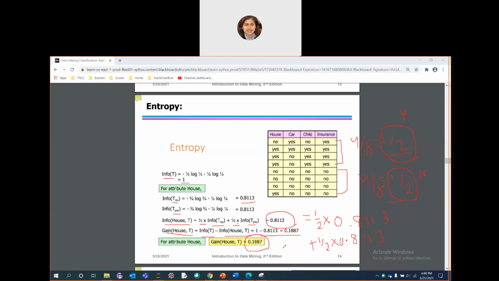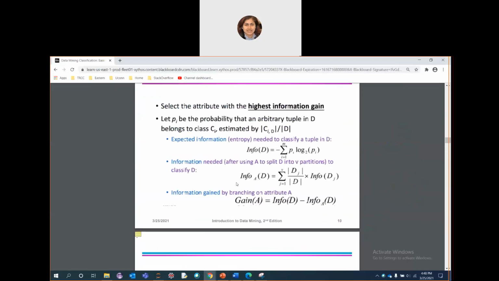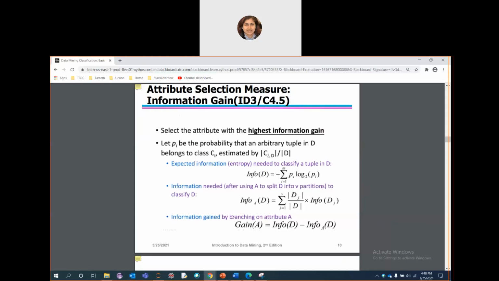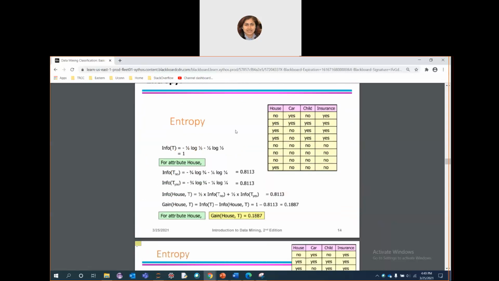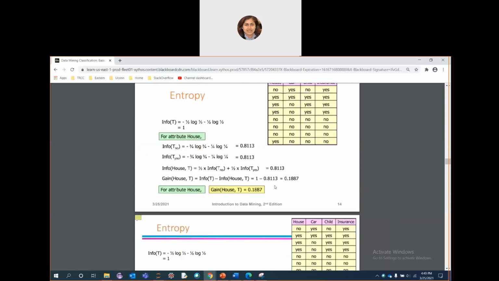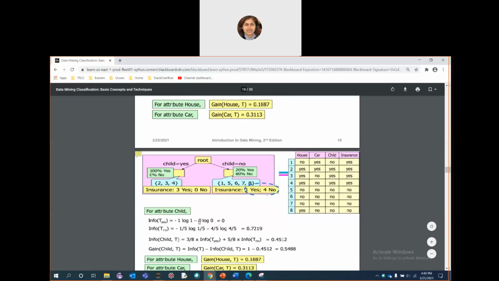Okay, so I'm just stopping here, and I want all of you to take a look at this example. Basically, try to compare it with this formula. We are just following these 3 steps. Go through the formula for calculation of house, then see how I will again go over this in the next class. Go and see how we are calculating the gain for car and then for child.